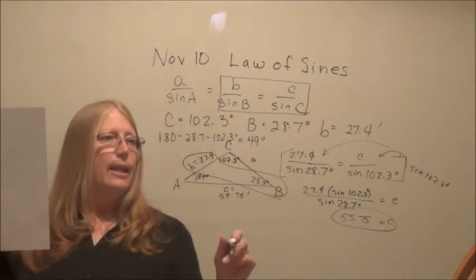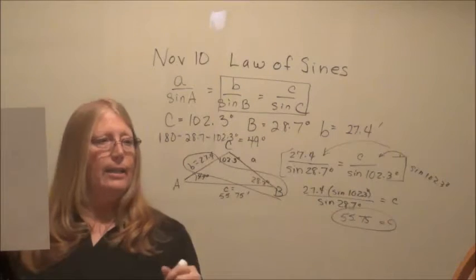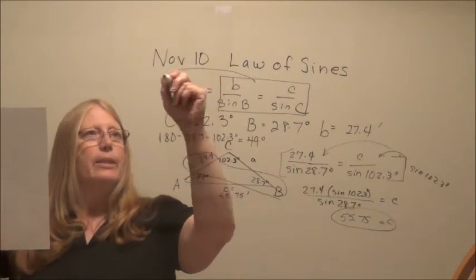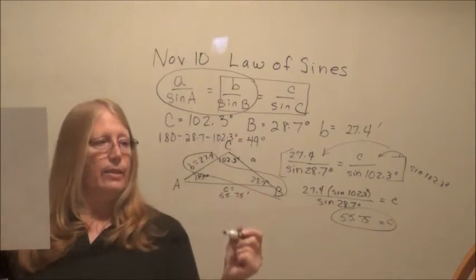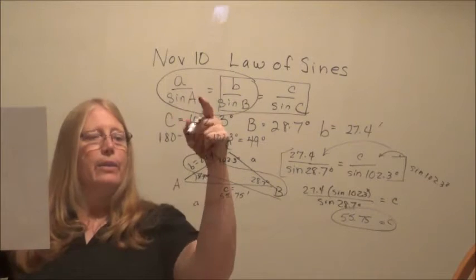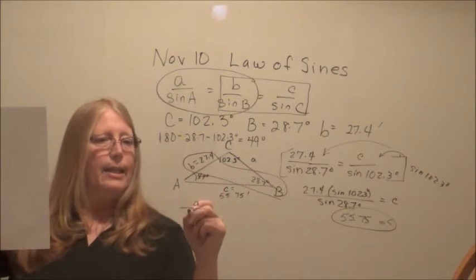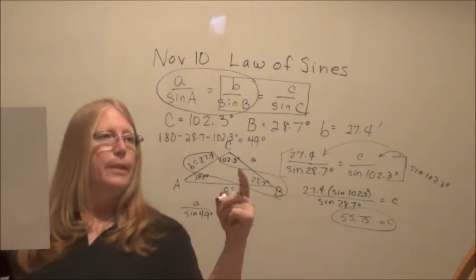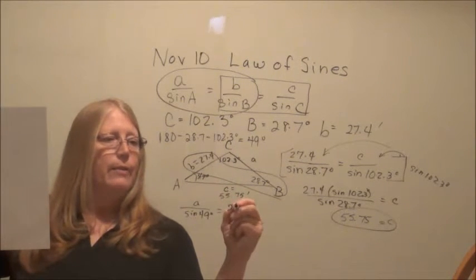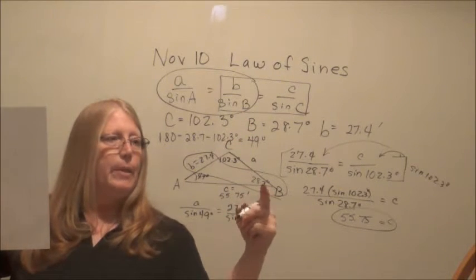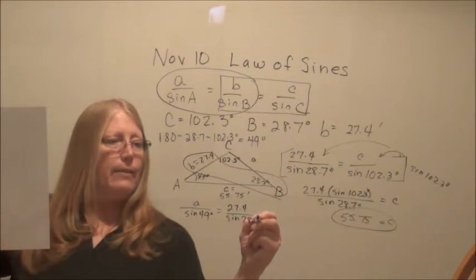And lastly, I have little a to find, so I'm going to use one of my proportions. How about this one this time? So I have little a is what I'm looking for over sine of big A, which I now know is 49, equals little b, which I know is 27.4, over sine of big B, 28.7.